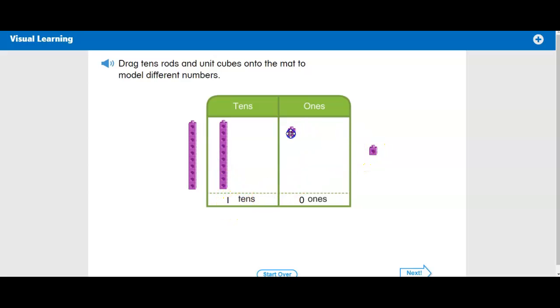If I take a ones block, I have 1 one. Watch how the number changes as I add more. 2 tens, 3 tens, 4 tens, 2 ones, 3 ones, 4 ones.